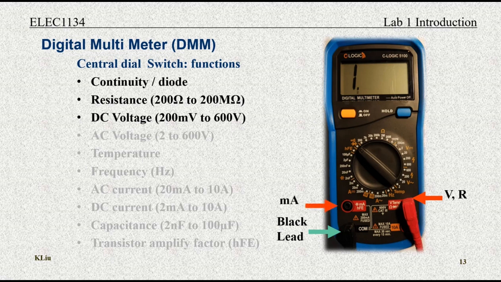For measuring smaller current in milliamps, the red probe is connected to the top red terminal at left. For measuring bigger current in amps, the red probe is connected to the bottom red terminal at right. Please follow the instructions very carefully when you start learning how to measure the current. Otherwise you may blow the fuse of your DMM.